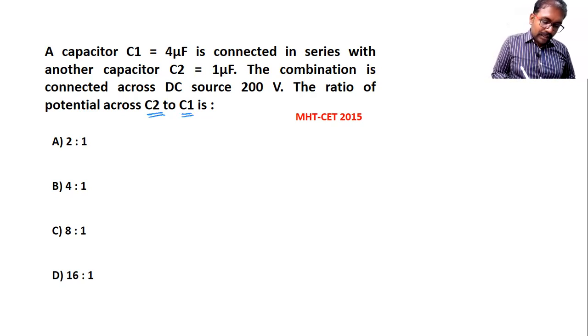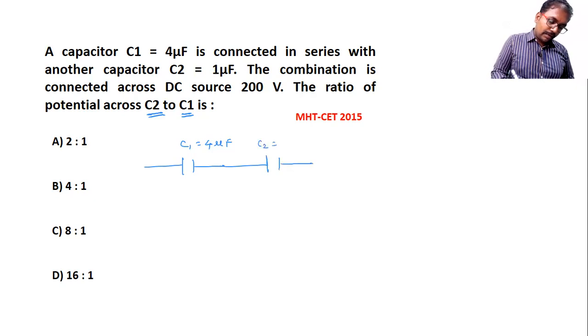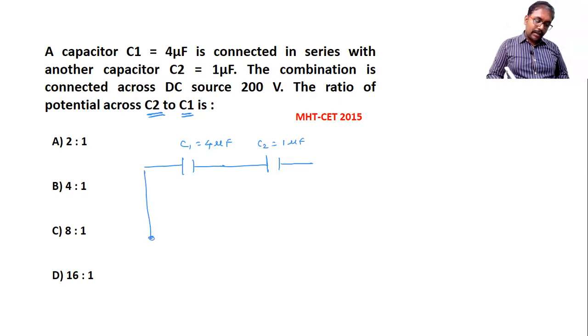Here C1 is 4 microfarad connected in series with another 1 microfarad capacitor, and it is connected to a battery which is 200 volt. Now the ratio of potential across C2 divided by potential across C1.